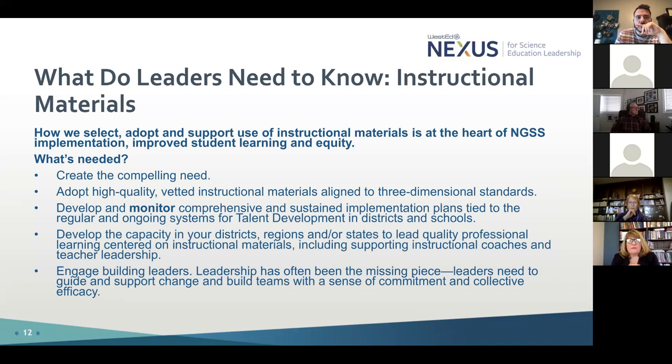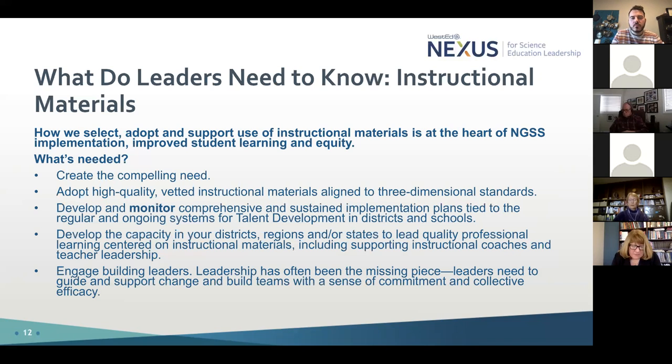So I think effective leaders help teachers and other instructional staff to really make the best use of their valuable time and their expertise. And very often it's not to create instructional materials from scratch all the time.